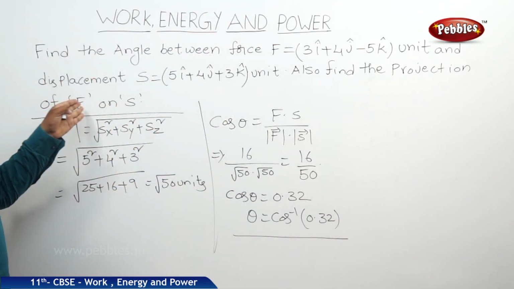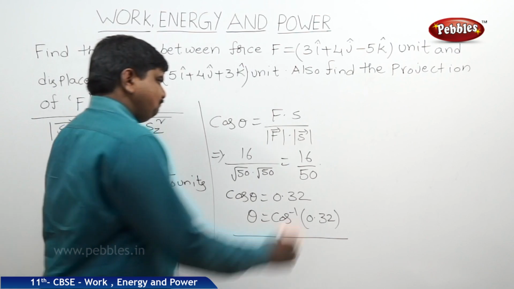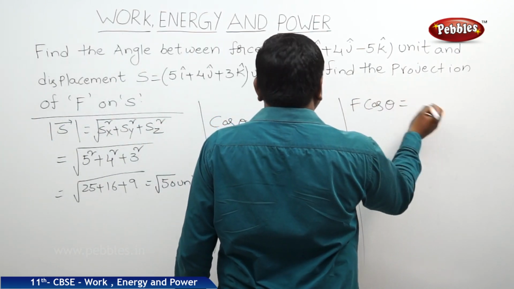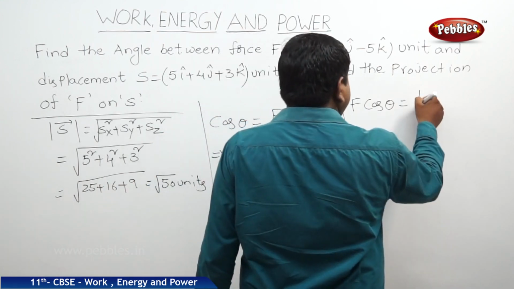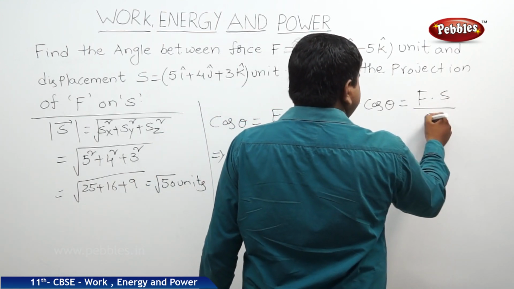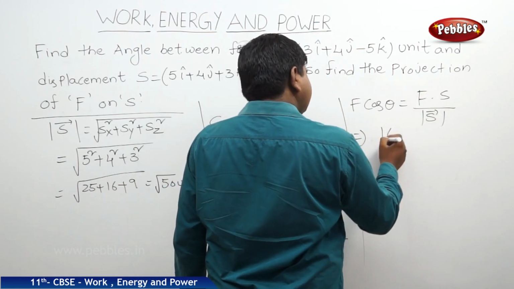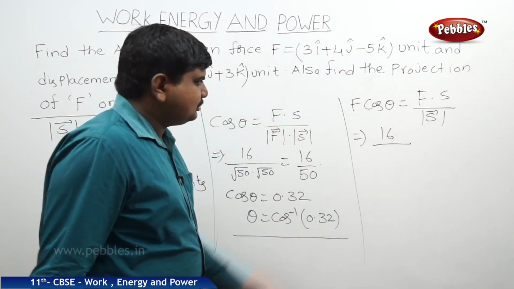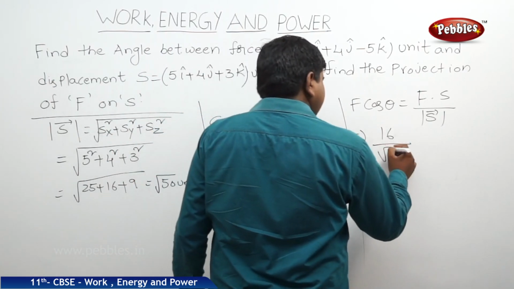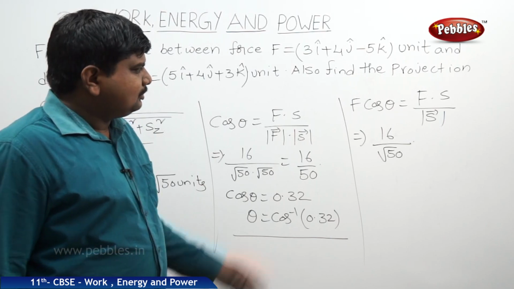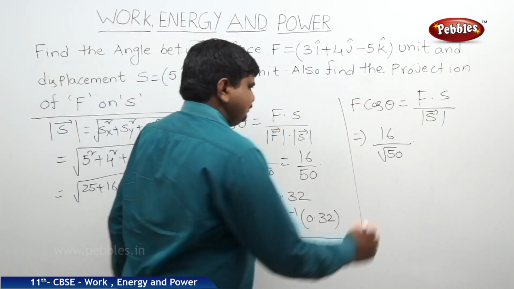Now we should find out the projection of F on S. So F cos theta is equal to F dot S by S bar. F dot S is 16, S bar is root 50. So that is equal to F cos theta.